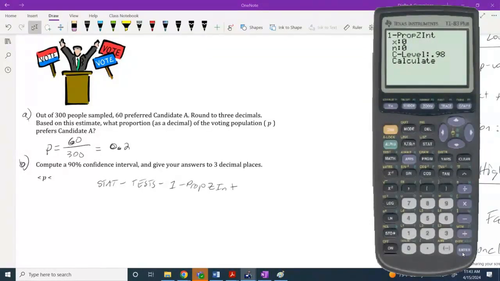It asks for X. So what is X? Well, X is going to be the number of successes, which is 60. N is the number of people sampled. That's equal to 300.